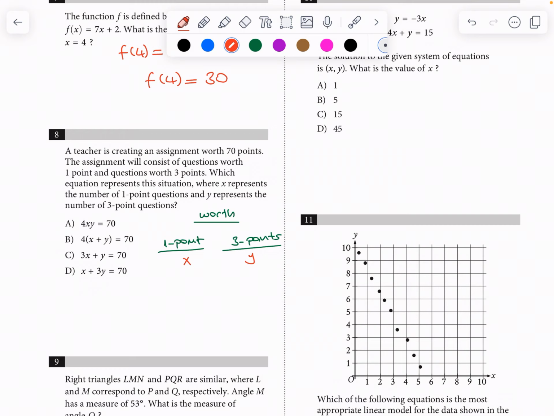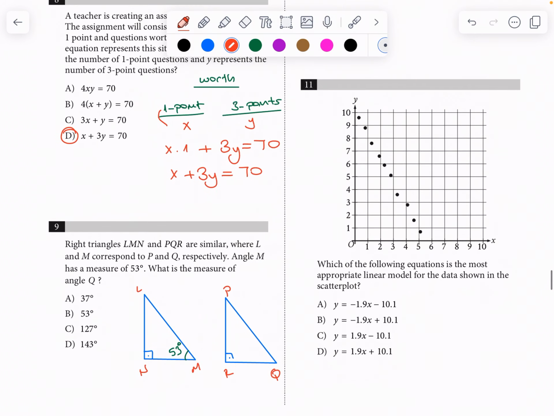So what I mean is, we multiply the 1 by x, or x times 1, and we multiply the 3 times y, and we add them all together, and it'll be equal to 70. So x times 1 is equal to x, 3 times y is equal to 3y, it is equal to 70. And so the correct answer is answer choice D.